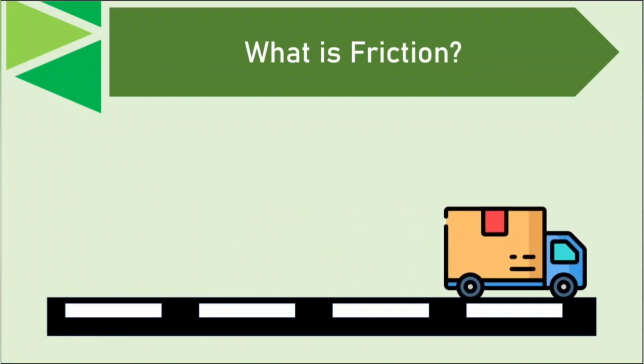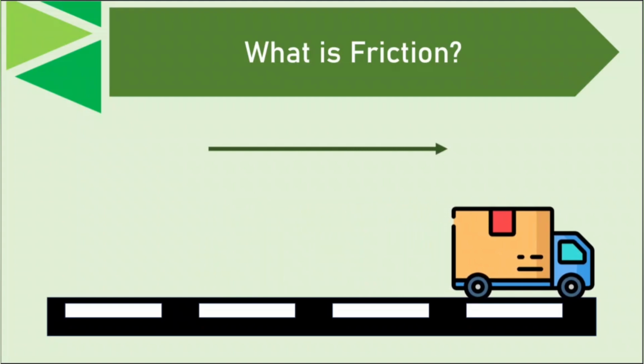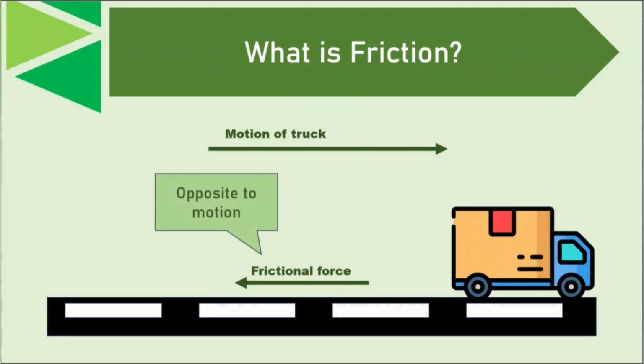If the direction of motion of this truck is this side, then obviously the friction will be in the opposite direction as shown here. So the frictional force is in the opposite direction. Great. So this is what we just concluded. Frictional force is always opposite to the motion.